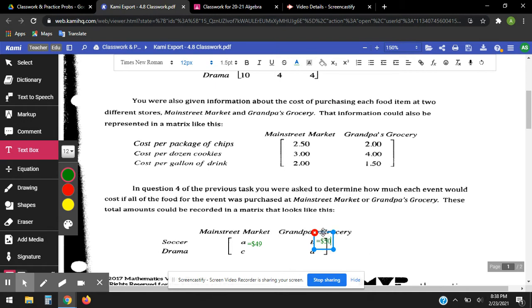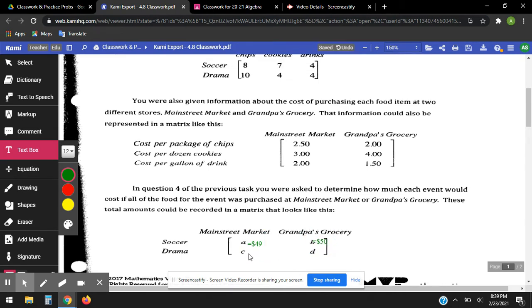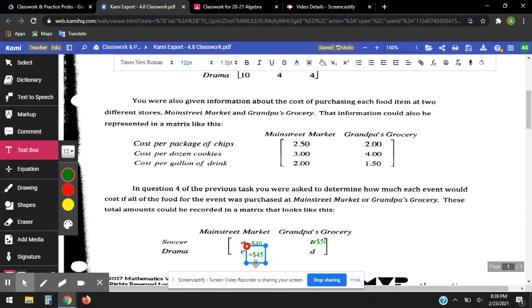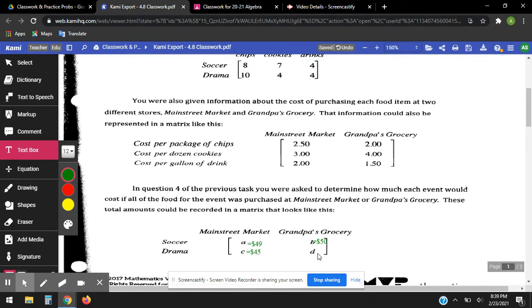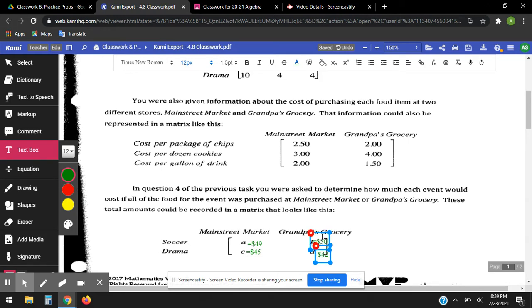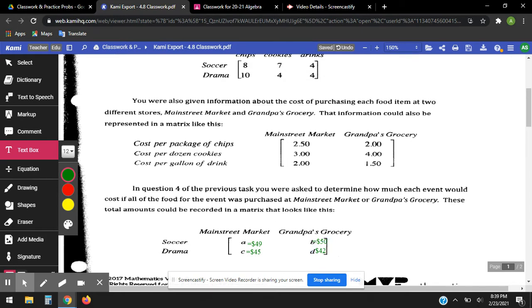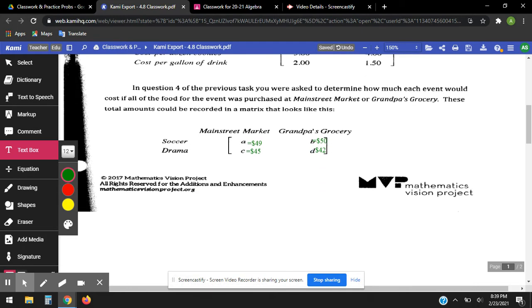So we can see it better, B equals $50. C ended up equaling 45. And D ended up equaling 42. So basically I just looked off of the last lesson and saw that's what each of those equaled.